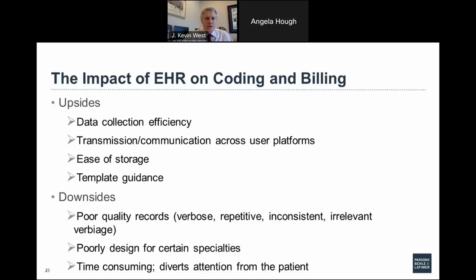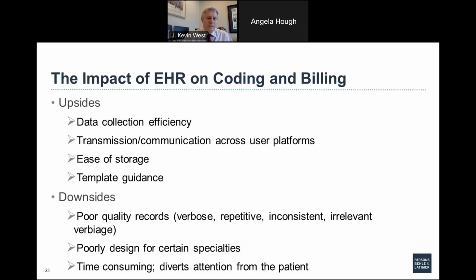Once you're within a particular health system, all your doctors and providers can see things. There's the ease of storage on a hard drive or the cloud, as opposed to filling your office with charts, and the ability to have templates that guide you through the documentation process. These are all great things about electronic health records, but there are clearly downsides.